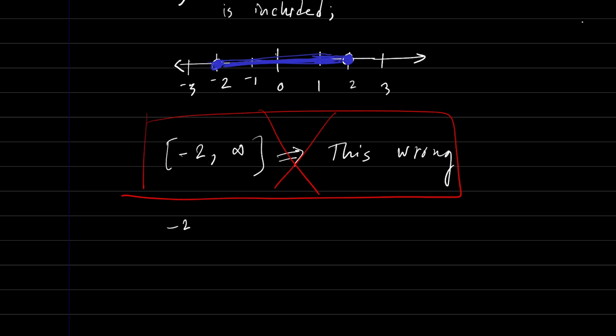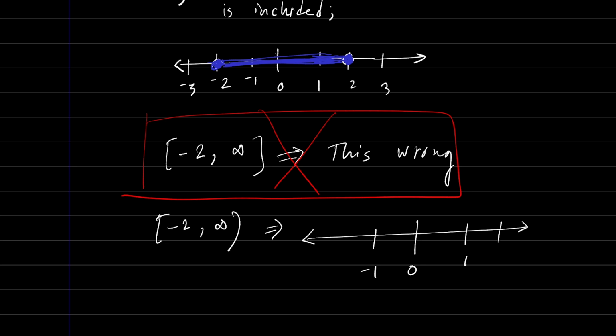The correct one would be like this: 0, -1, +1, 2, and so on. And this side would be -2, including -2 up to the largest value possible. We just learned intervals.